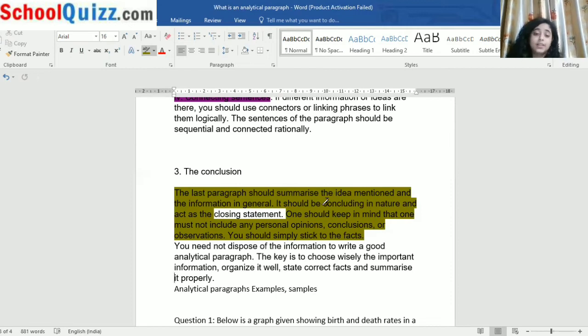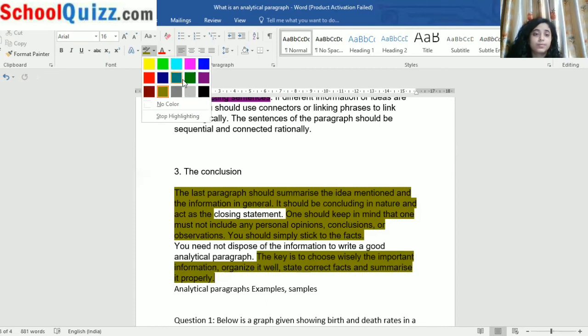Key. Now, what is the key? The key is to choose wisely the important information, organize it well, state correct facts, and summarize it properly. Now, this is the key information of what you are going to write. Okay. So we'll highlight that for you too. Okay.